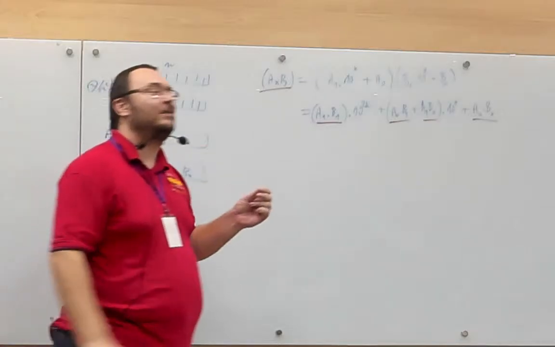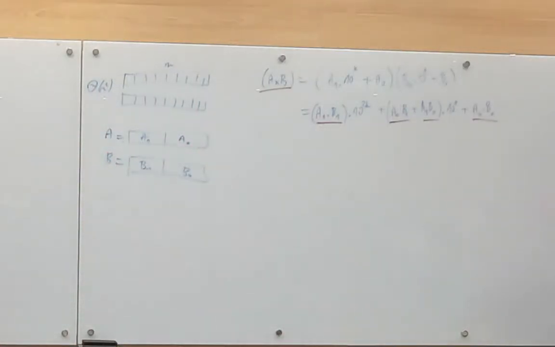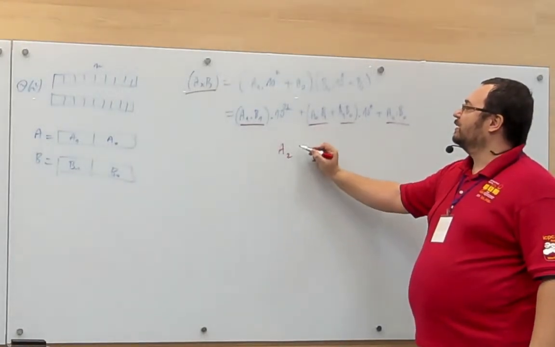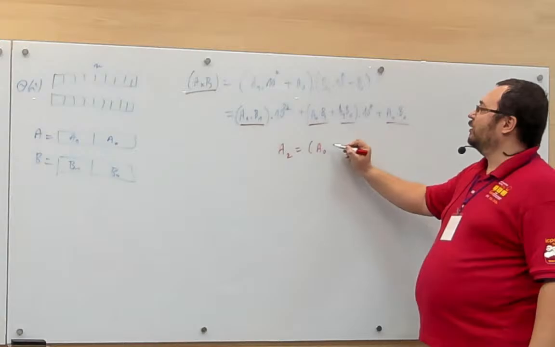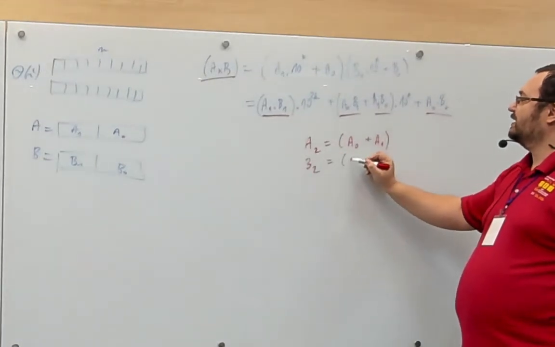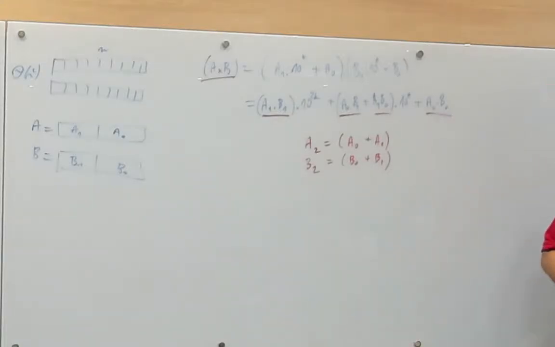But now comes the main trick of the Karatsuba algorithm, and the main trick is as follows. Instead of computing this separately and this separately, you can spend linear time to compute A2, which is A0 plus A1, and compute B2, which is B0 plus B1, and then you make only 3 recursive calls.